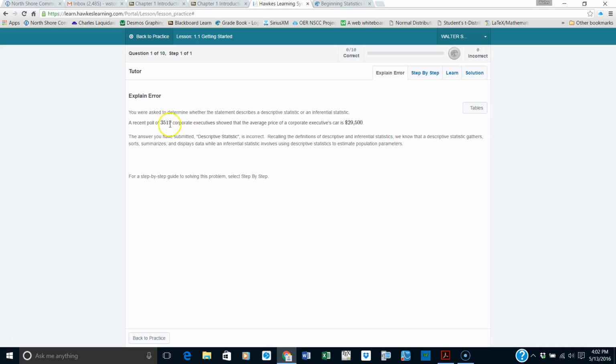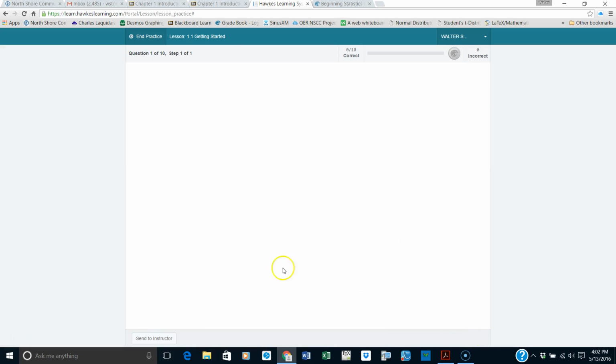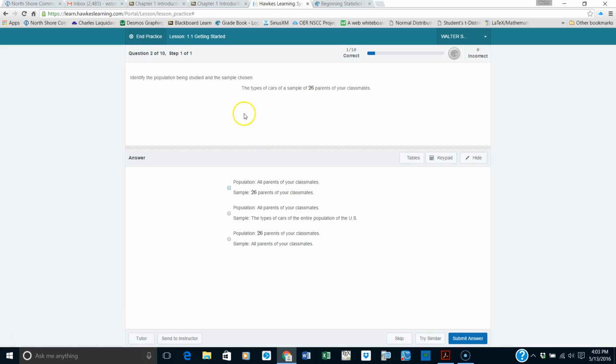So this would be a sample statistic that would help us estimate a population parameter. So let's go back to practice. This is an inferential statistic, and it will say that we're correct this time. And we can go to the next question.